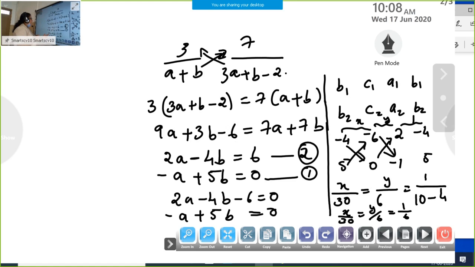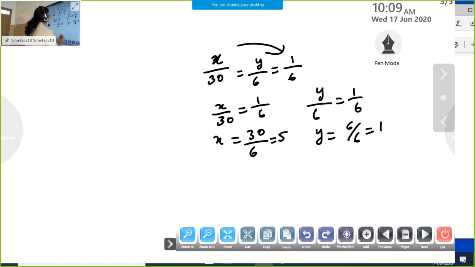Listen, our equation is 2a minus 4b minus 6 is equal to 0. Here, instead of a, we take x, and instead of b, we take y. Then x divided by 30, y divided by 6, and 1 divided by 6.